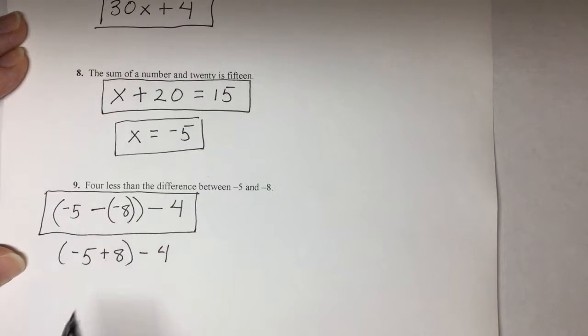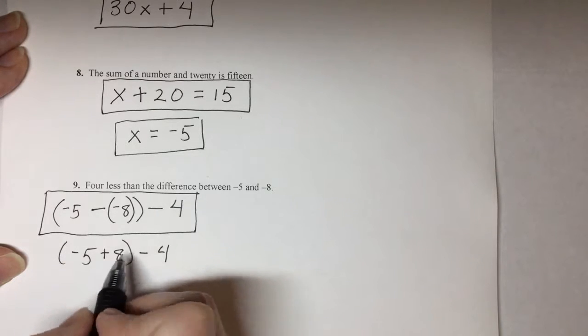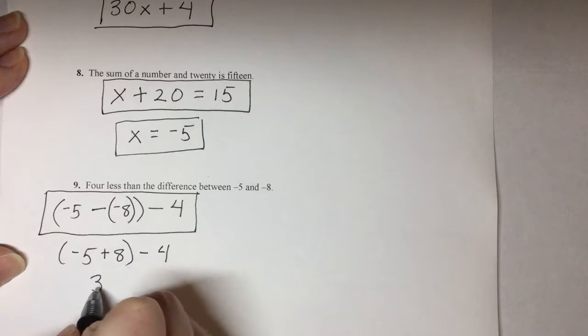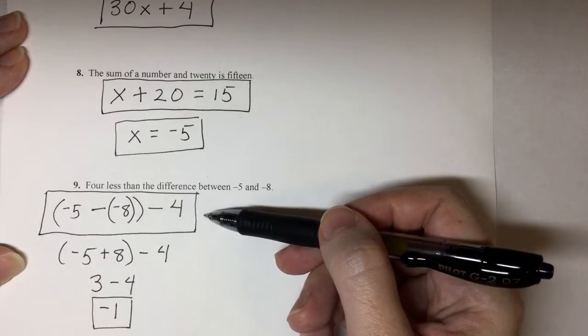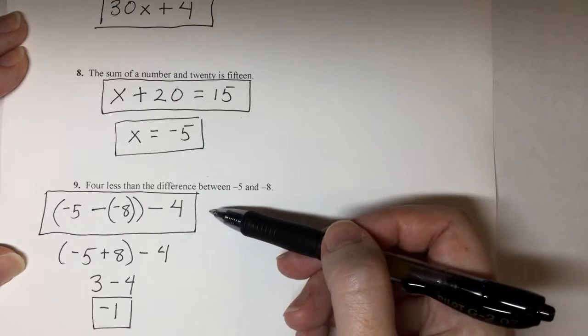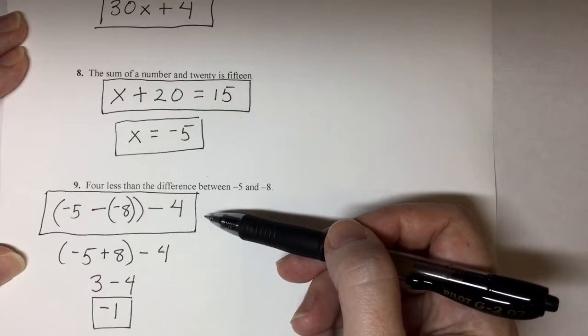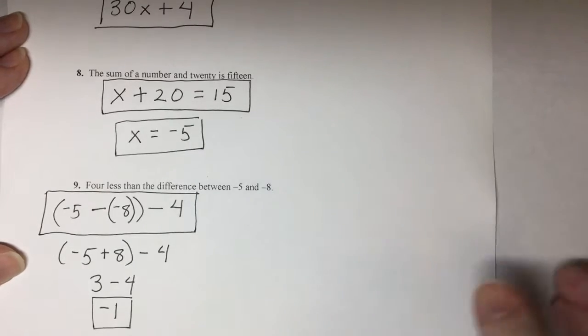So direct translation initially. I owe 5, I have 8, I have 3. 3 minus 4, I have 3, I owe 4, negative 1. Translation, simplification. And here the translation has to look just like this with all of the parentheses.